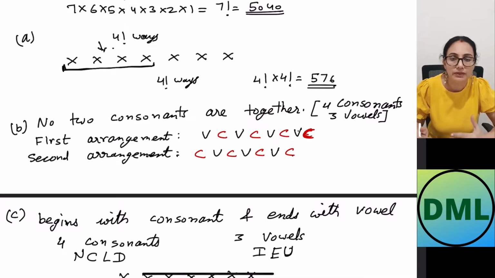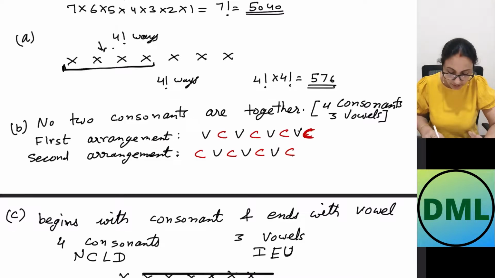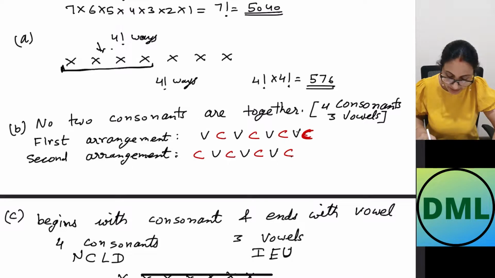Now in the next part he says that no 2 consonants are together. That means in between the consonants there is a vowel. So we have 4 consonants and 3 vowels. So we basically have 2 arrangements. First, where the vowel is V and the consonant is C: VC, VC, VC, V and C. The second arrangement is CV, CV, CV and C. Now as you can see, in the first arrangement there are 4 vowels, but the given vowels are only 3.